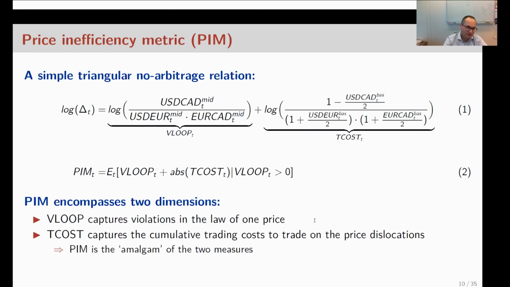So it is built based on VLOOP whenever VLOOP is greater than 0, and then we add the absolute value of the cumulative trading costs to restore the no arbitrage relation. We're adding that on top. So it essentially consists of these two main components: law of one price deviations, and then trading costs to restore these price dislocations.